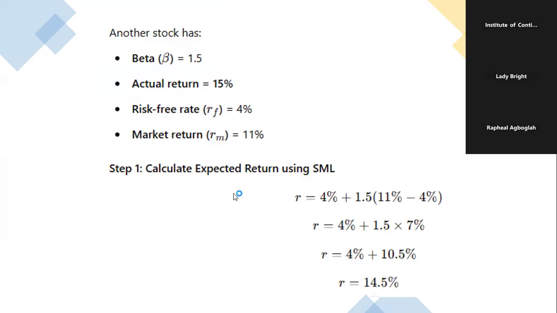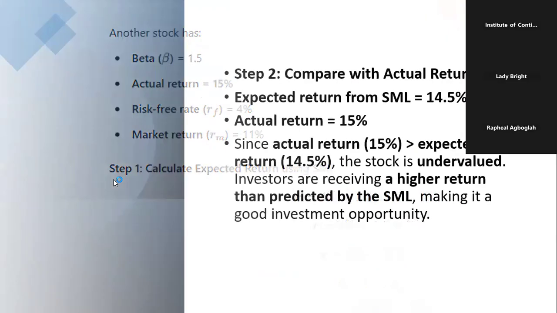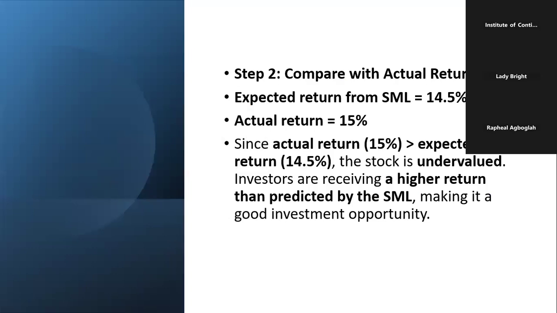And we said that the actual return of the stock is 15%. And when you calculate the expected return, you have 14.5. So we say that it will be undervalued. Undervalued is correct. For all my partners, undervalued is correct. And everybody had it correct. Thank you very much.